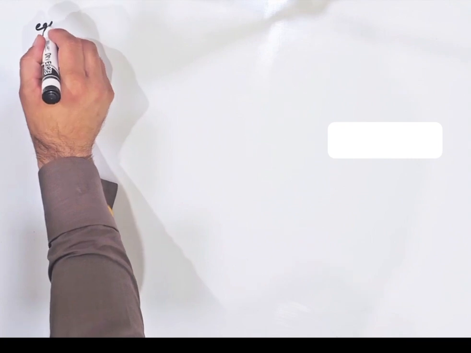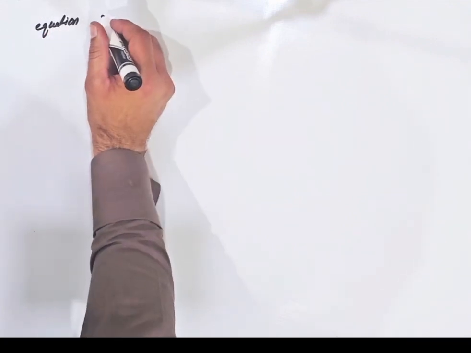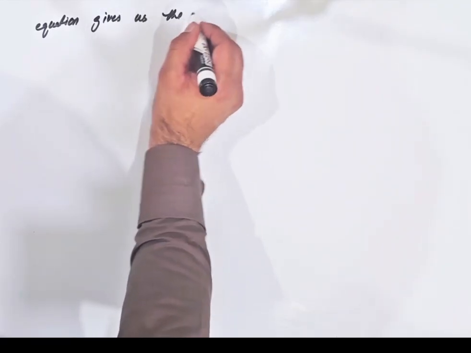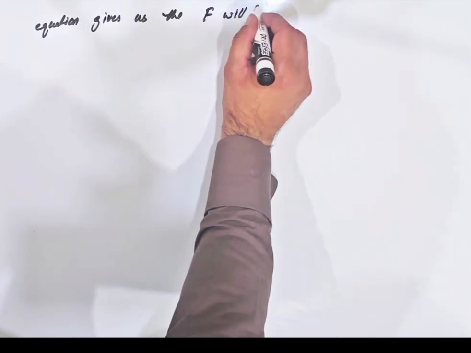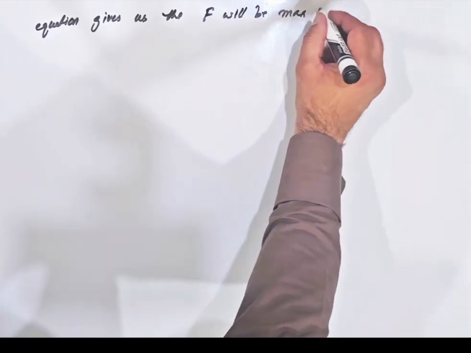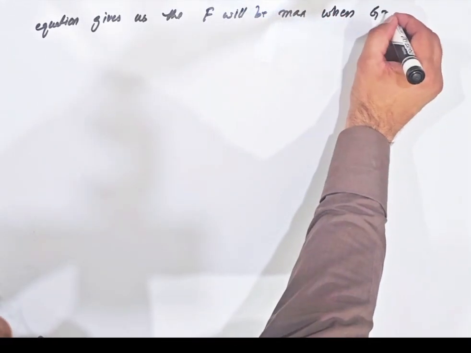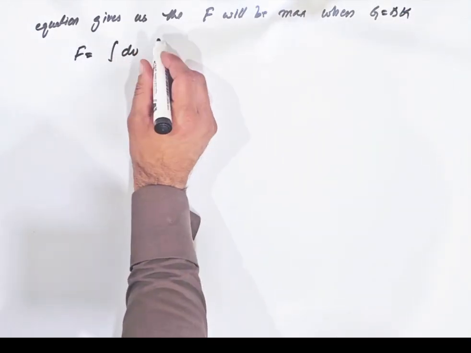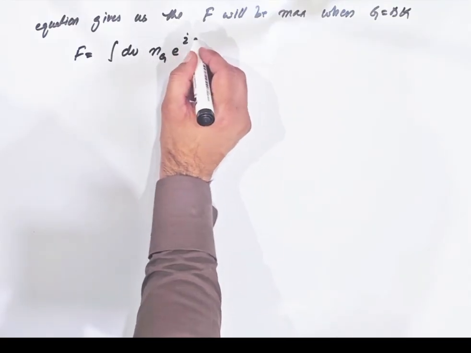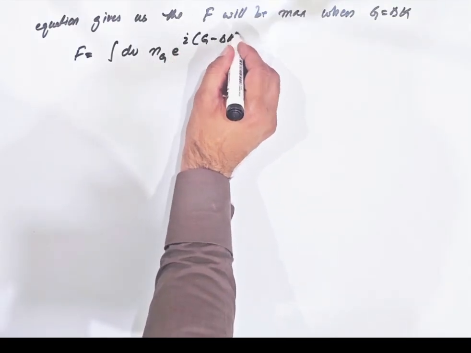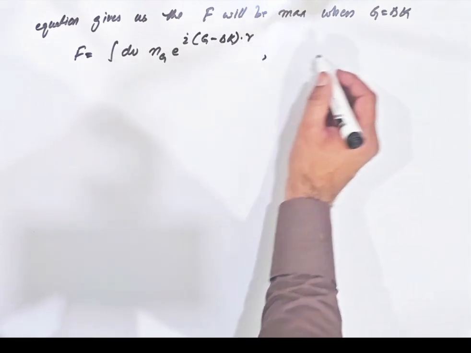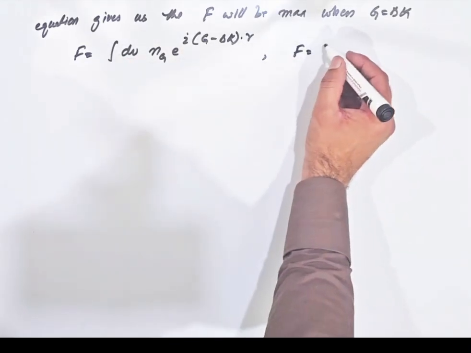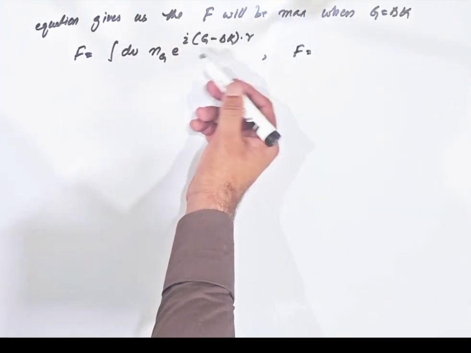Equation 3 gives us that the scattering amplitude F will be maximum when G is equal to del k.